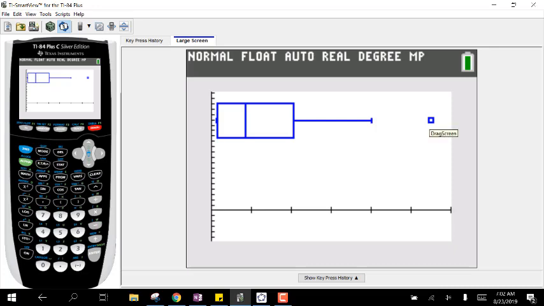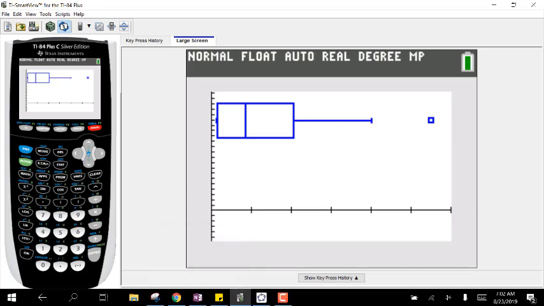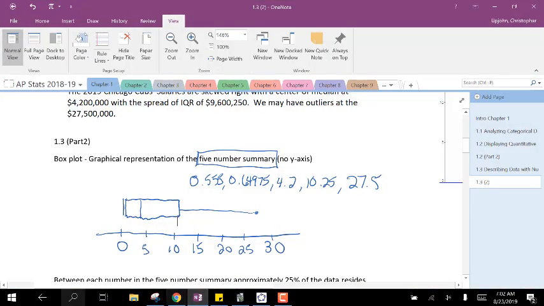That 27.5 million is an actual outlier. So what do we do with that? Well, we take the next highest value, 20, and that's where our whisker is going to go to. So we have to take that off for a second and just draw it to 20 instead.